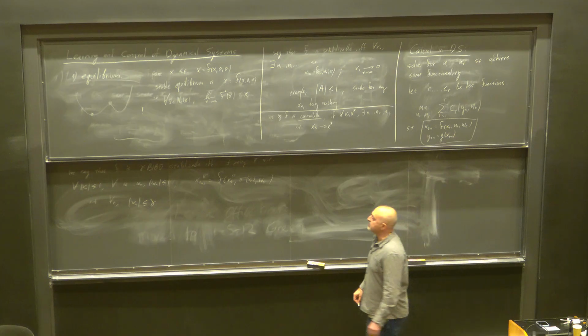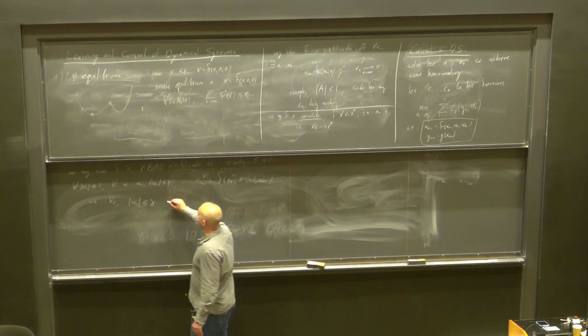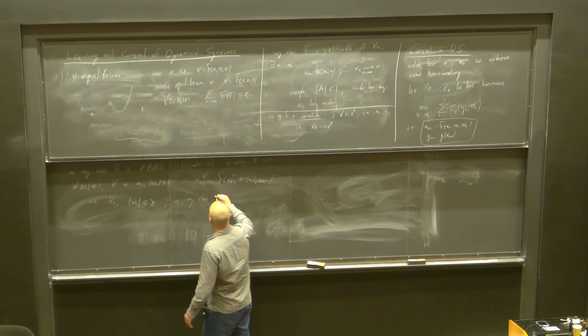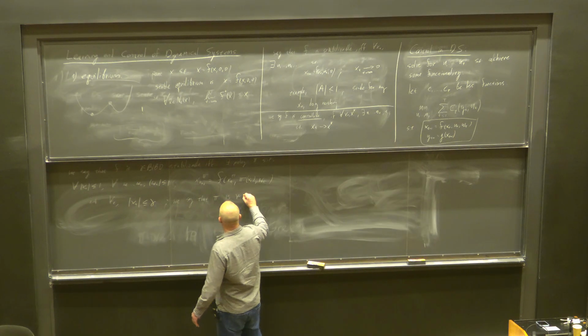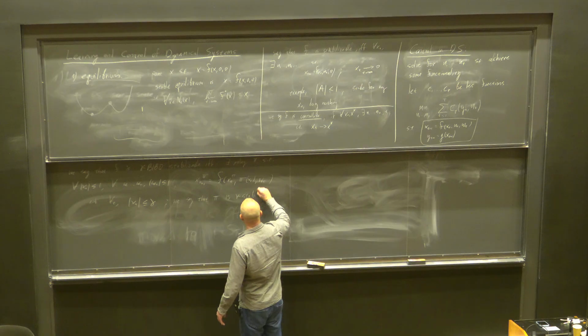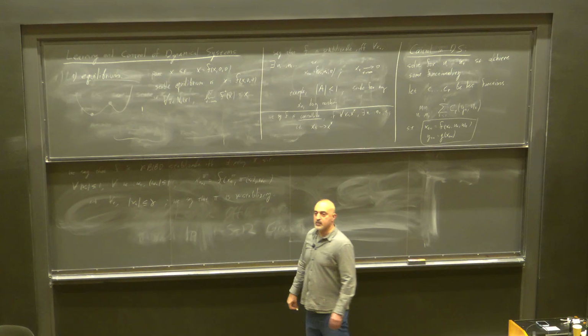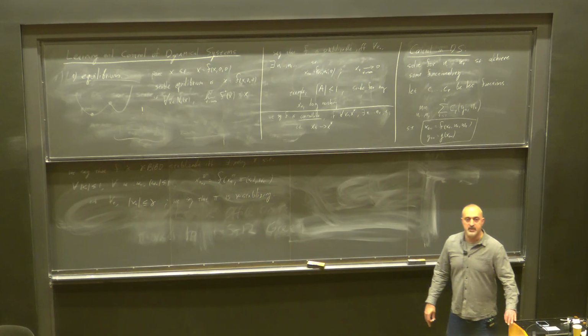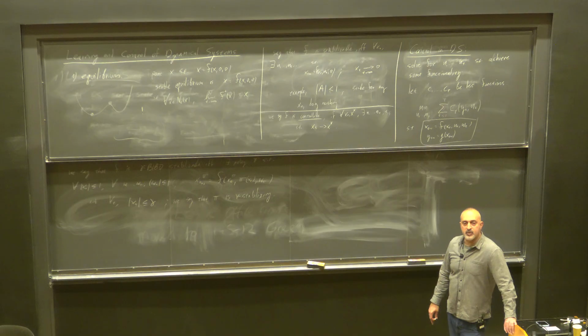And then we say that pi is gamma stabilizing. So this is kind of a more quantitative version.